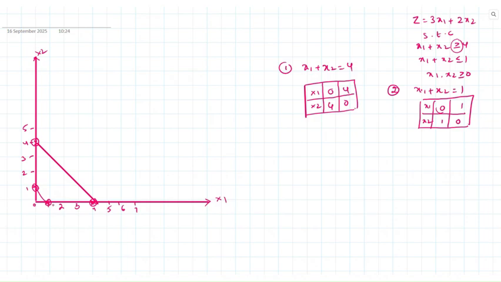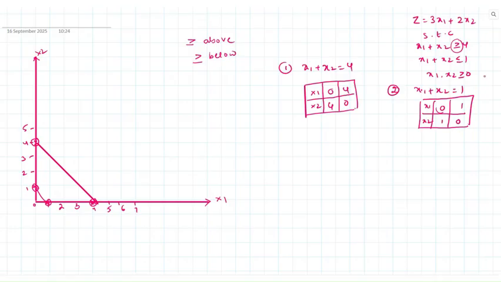Now we already know the feasible region is decided by the conditions they gave, greater than or equal to or less than or equal to. Whenever we have greater than or equal to, the feasible region will be above the line. Whenever we have less than or equal to, the feasible region will be below the line.